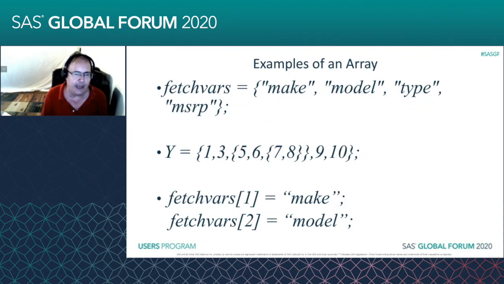Now here's an example of some arrays. We have some character arrays where maybe you're specifying a set of variables. You got make, model, type, MSRP. You may have values, integers. You may have lists within lists. So I've got a list within a list within a list.